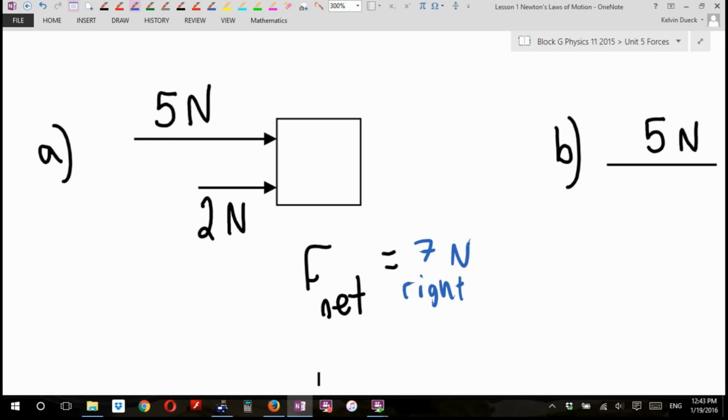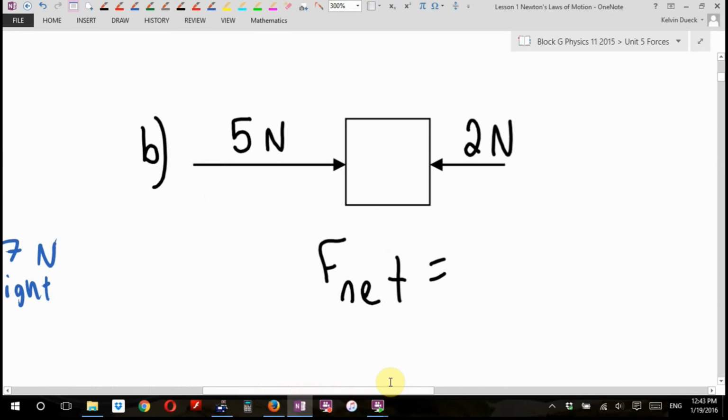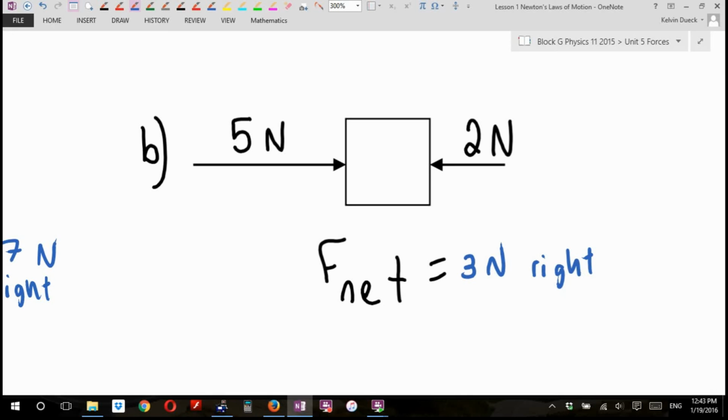Not always. Here's another picture. I have 5 newtons to the right, 2 newtons to the left. What do you think the net force here is? 3, direction? So in this case, 5 plus 2 gave you 3. In the previous case, now you might be saying, no, Mr. Duick, I went 5 minus 2.